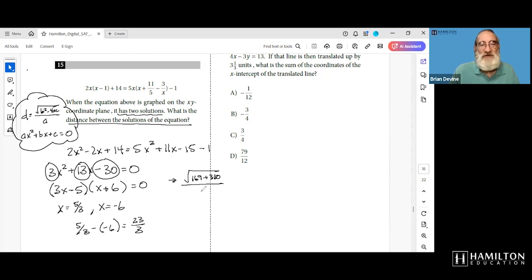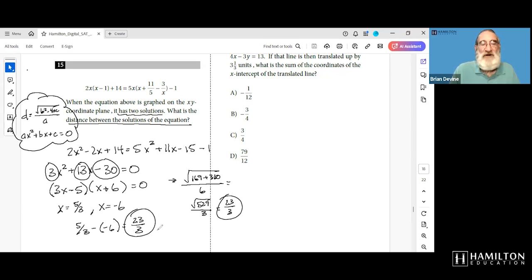And that would all be over 6. And when I clean that up, I would have gotten rad 529 over 3, which would have been 23/3.